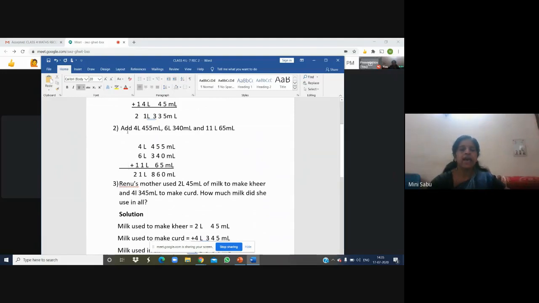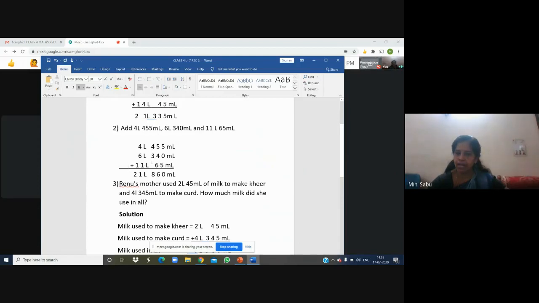Okay, next is add 4 liter 455 milliliter, 6 liter 340 milliliter and 11 liter 65 milliliter. Okay, then we will write one below the other. 4 liter 455 ml, below that 6 liter 340 ml, then plus 11 liter 65 ml.